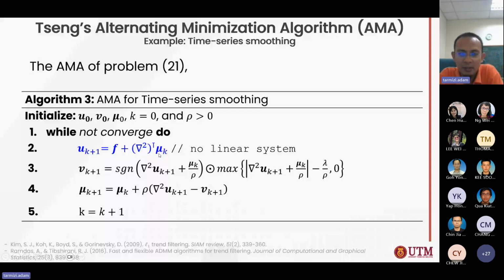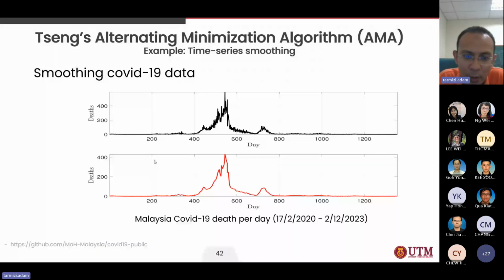So this is some example data. I just smoothed out some COVID data, which we can take from the Ministry of Health GitHub page. You can play around with the parameter actually.